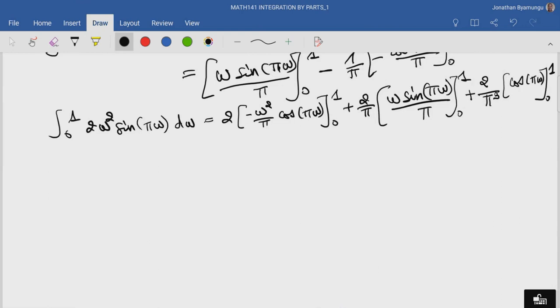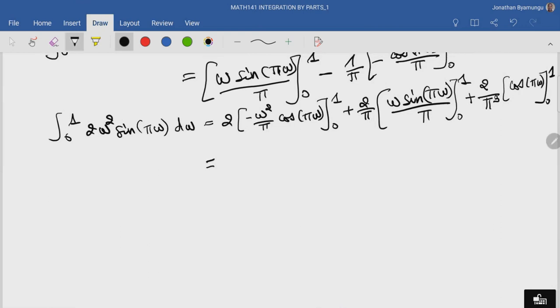Yeah, looks good. So now if you evaluate this with the boundaries, you should be able to find 2 over pi minus 4 over pi cubed minus 4 over pi cubed. Just give me a minute.